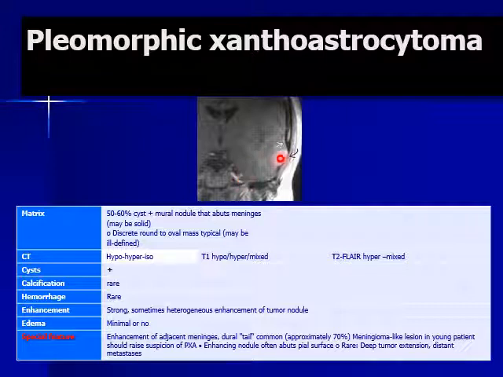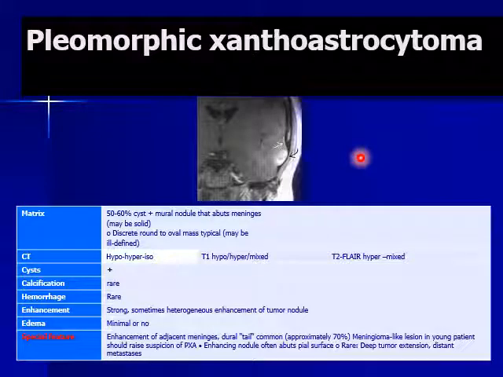One of the features of PXA, when it is like this, is that it is a long-standing benign tumor, so it irritates the related meninges, and we can see what is called meningeal thickening or dural tail. Dural tail was described as a common feature of meningioma. It is a sort of proliferation or irritation of the nearby meninges, but actually it is not that specific to meningioma.